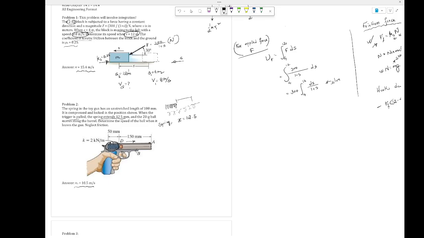So the distance of this stretch would be this x, which is 12.5 millimeter. And the ball weight, small m, is given as 20 gram. It moves along the barrel. This is the barrel. Determine the speed of the ball or the projectile. They just name it this way. It's the speed of the ball projectile.